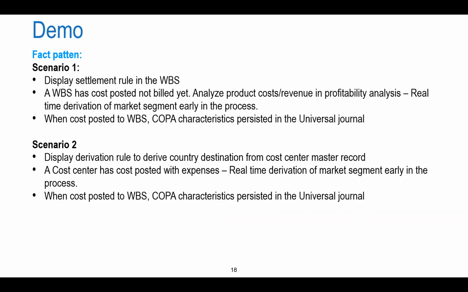Likewise, we can also look at the cost center situation in scenario two, and we'll look at real-time derivation of market segment, how derivation works for attributes. So with that, let me switch to SAP.